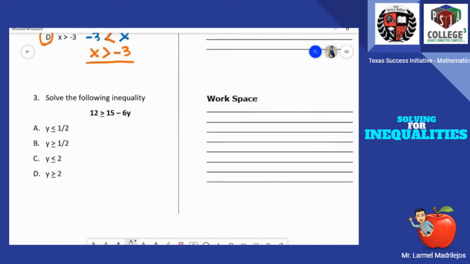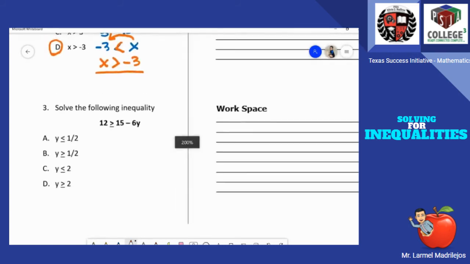Next question. Solve the following inequality. The same thing we're going to do. The first step is to isolate the variable y by moving this number to the right. This is positive 15, so I need to subtract 15 on both sides of the equation. This zeros out.